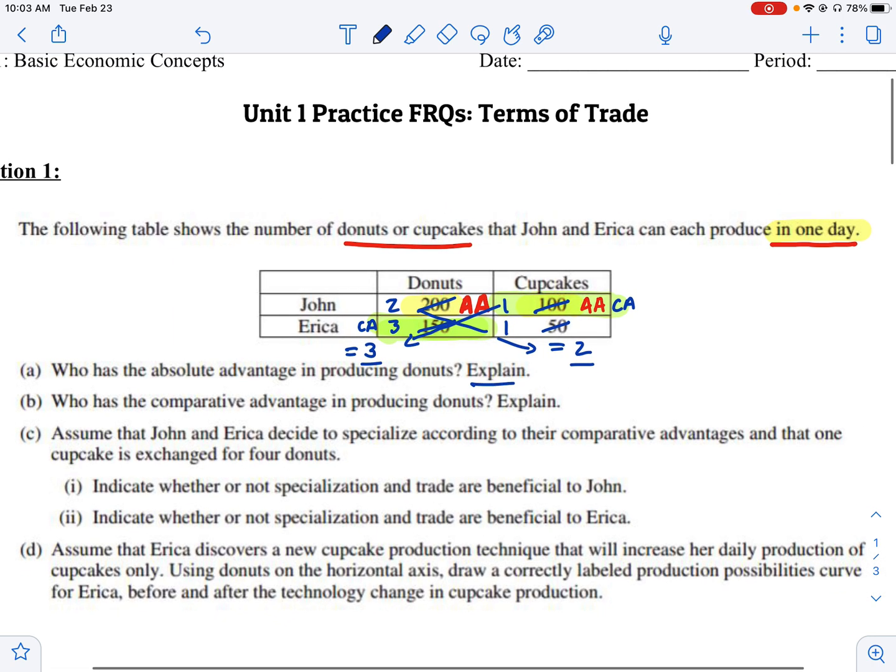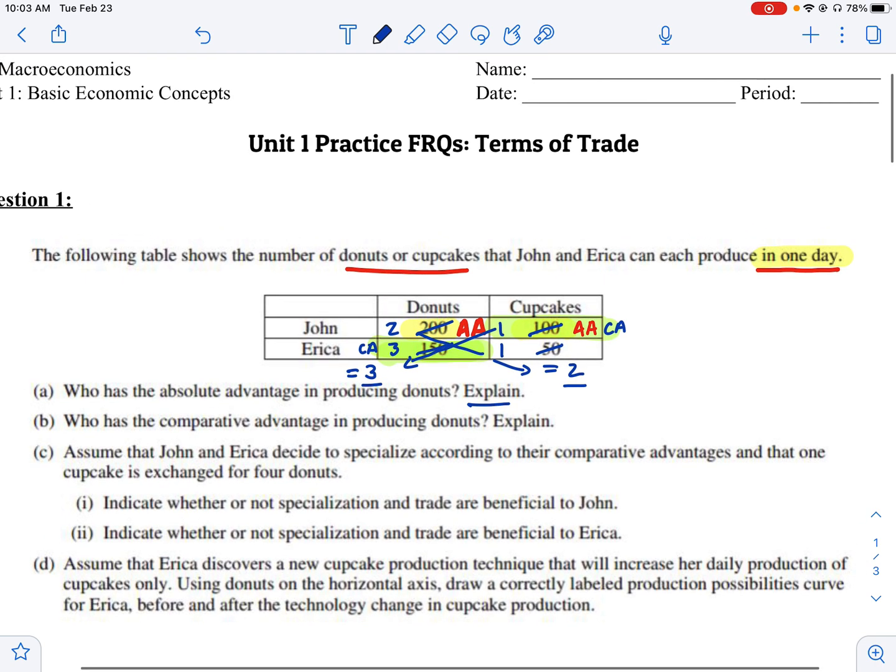Now, let's assume that John and Erica decided to specialize according to their comparative advantages. So we're going to use that green data. That means Erica is going to make 3 donuts to every 1 cupcake that John makes. That's their deal, 3 donuts to 1 cupcake.